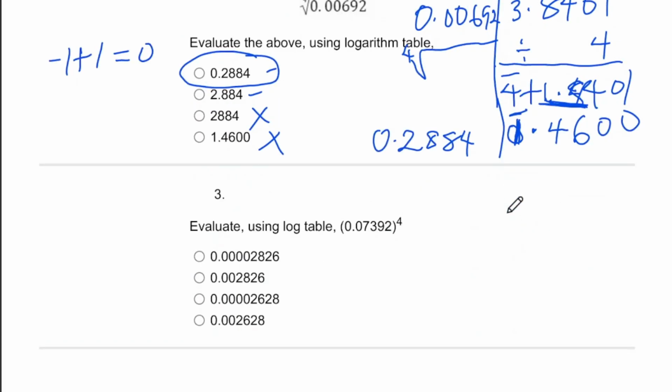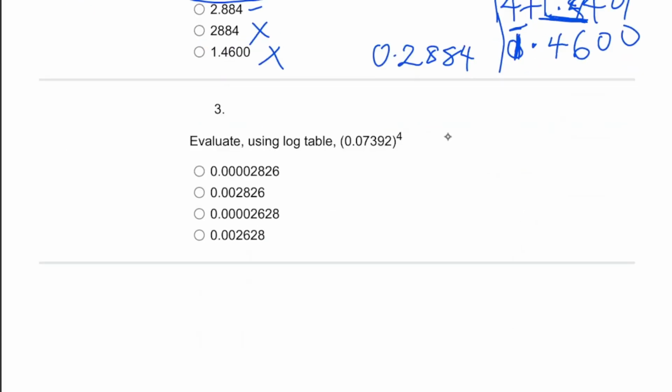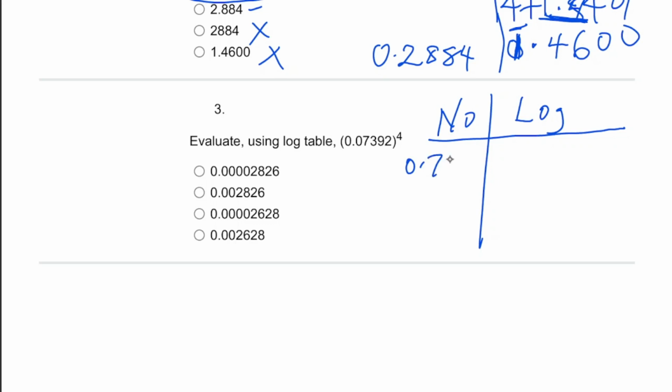Then the third one is under multiplication. We are going to do the same thing. We have a number, we have a log. So the number is 0.07392. What we have here is going to be bar 2. That's the characteristic.